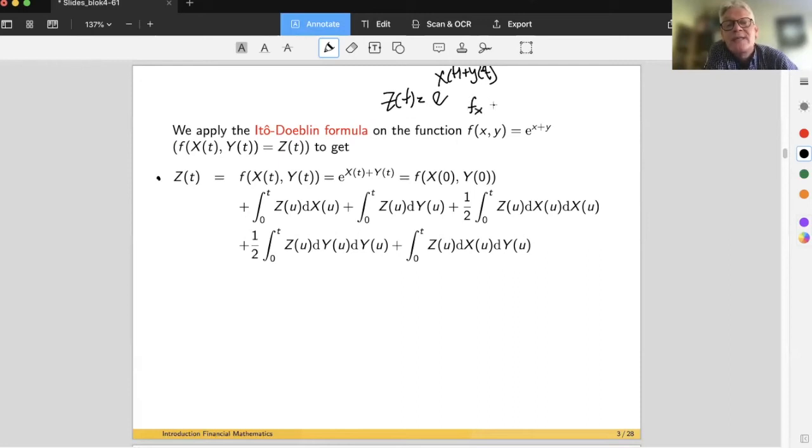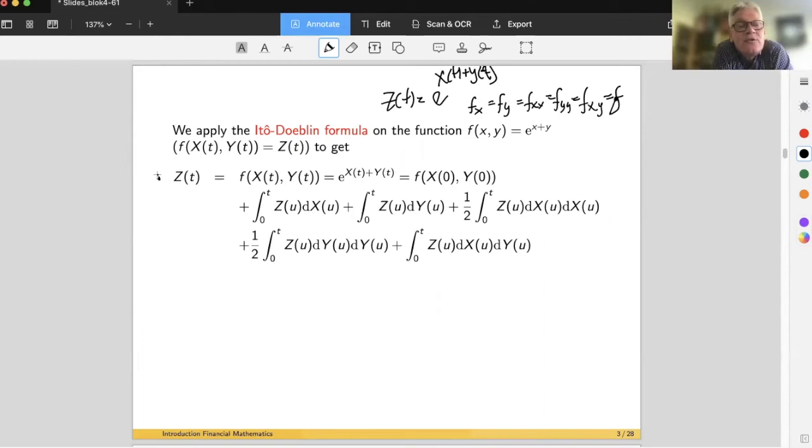Yeah? fx is equal to fy is equal to fxx is equal to fyy is equal to the mixed derivative fxy, and they are all equal to f. So we can substitute this in our formula. And this is the two-dimensional Ito-Doeblin formula that you may remember from before.